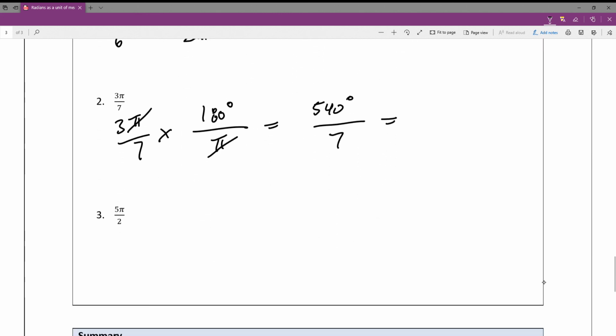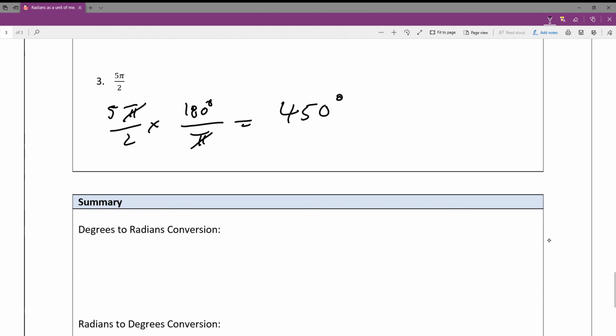And the last one, you can pause the video, try it yourself, and compare your answer with mine. So this is 5 pi over 2 multiplied by 180 over pi, which should equal 450 degrees.